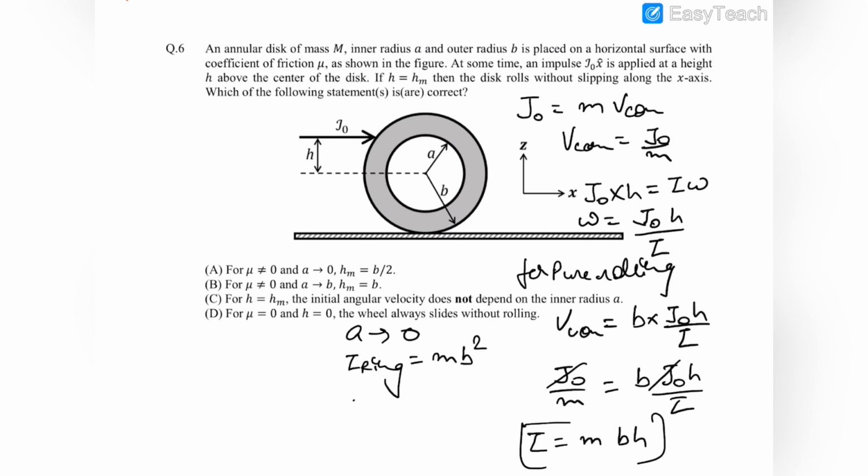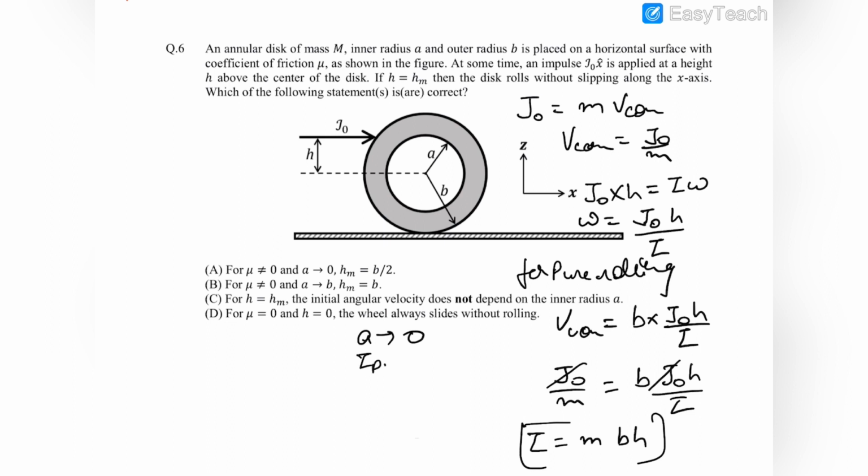Actually, if a tends to 0, then this would be a solid disk of radius b.